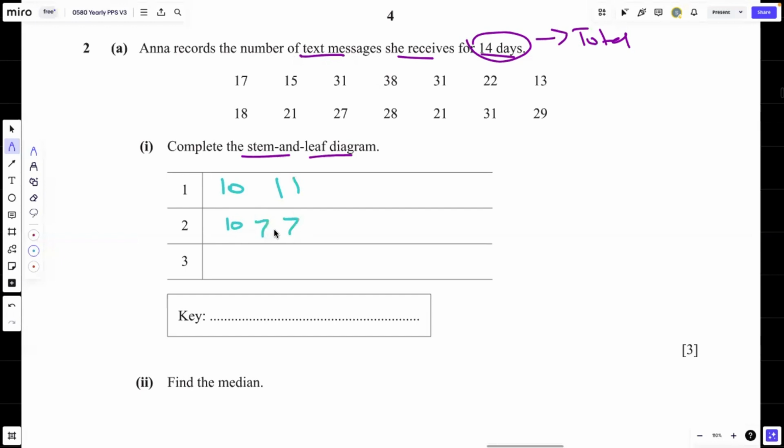It cannot be midway around; it should follow the same pattern, and we can work without commas by just leaving spaces. And obviously, the last thing is we do have to write a key for this. The key is very important. Do not miss out on it.